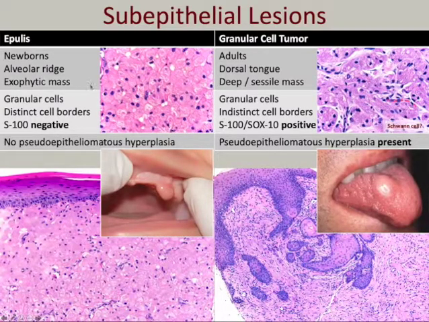And so epulis is on the alveolar ridge of newborns with these granular cells with distinct cell borders, S100 negative, versus granular cell tumor, granular cells, indistinct cell borders, S100 and SOX10 positive because it's thought that they are modified Schwann cells, and of course classic pseudoepitheliomatous hyperplasia, meaning a worrisome proliferation at the surface that can be mistaken for cancer. Remember, epithelioma was the historic name for carcinoma, so this is pseudocarcinomatous hyperplasia, but is essentially benign.